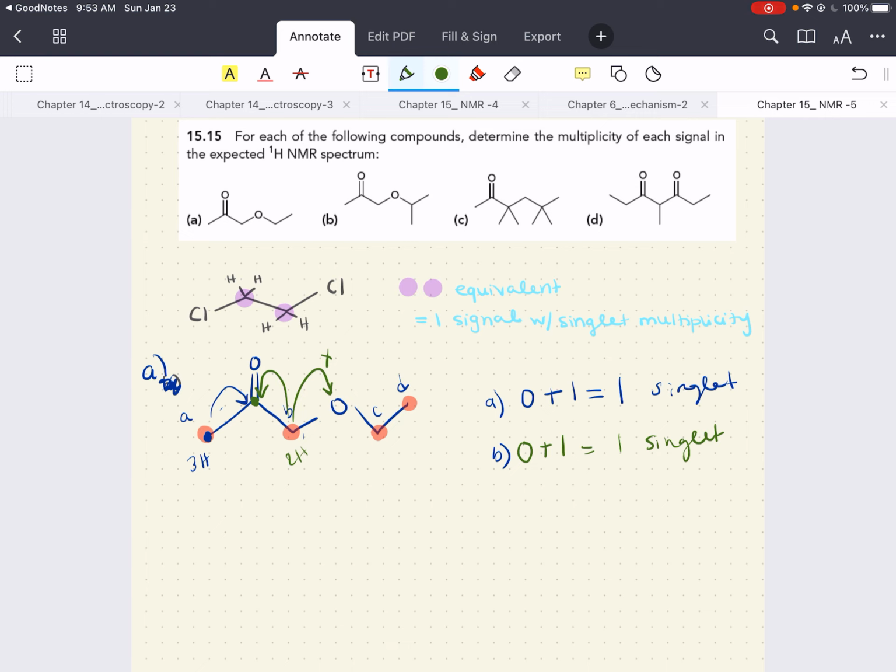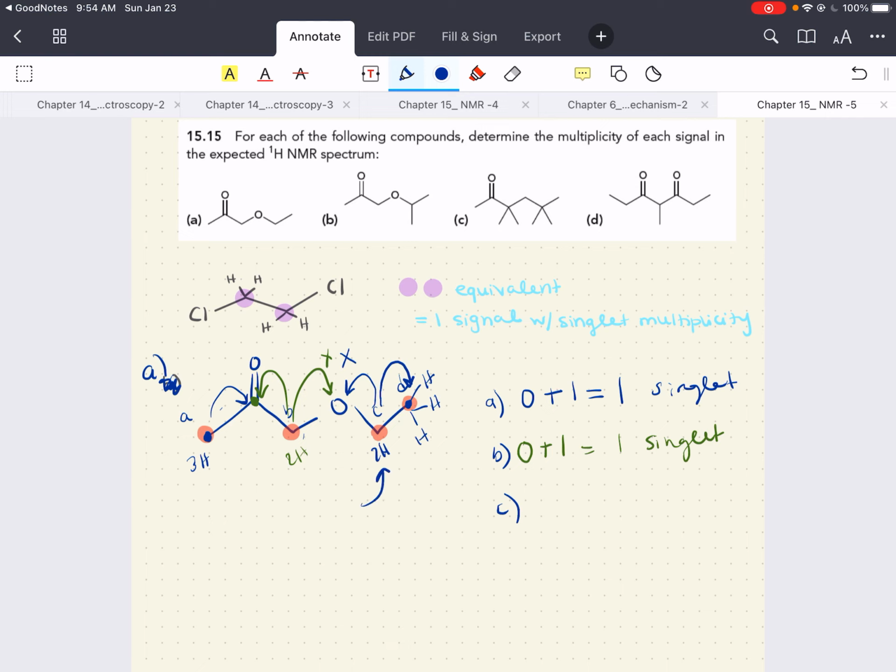Fantastic. Let's look at C now. There are 2 hydrogens here. Do these 2 hydrogens have any neighbors? We'll look at this side: no hydrogens on that oxygen. Let's look at this side. Are there any hydrogens here? Yes. This is a methyl group with 3 hydrogens.